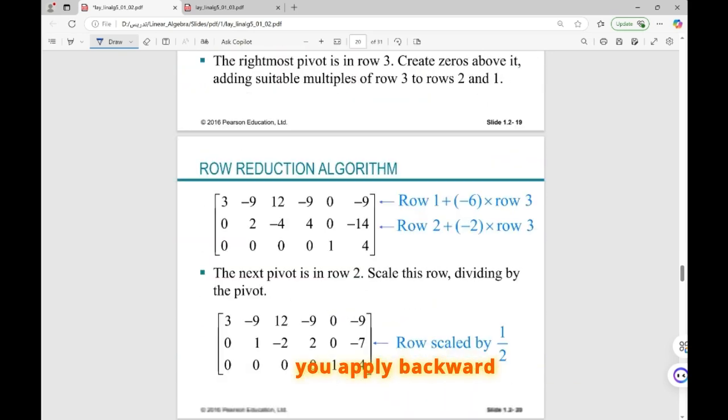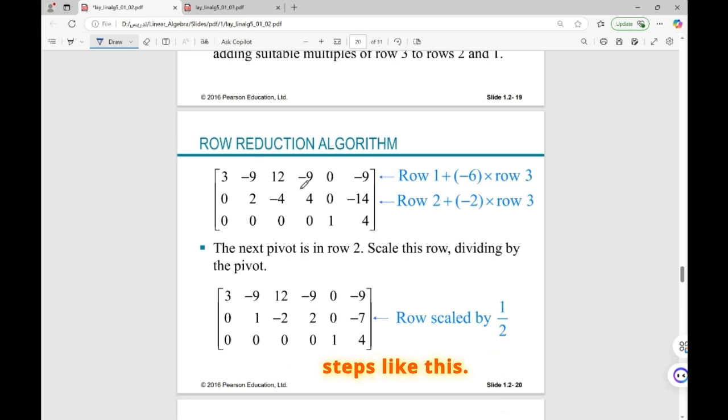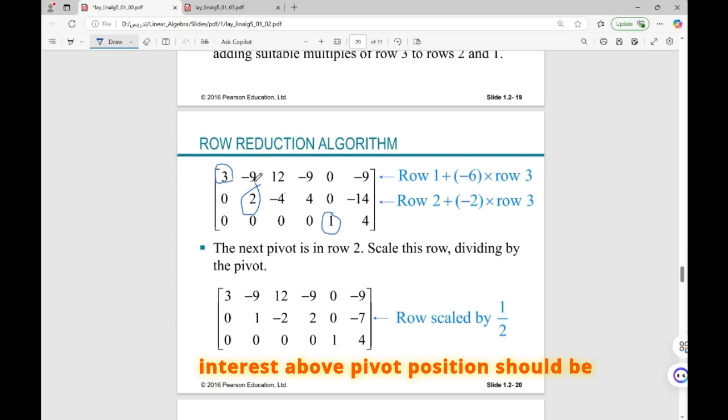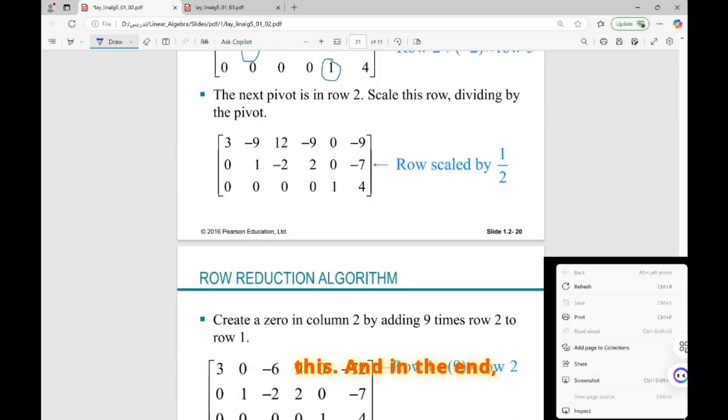So you apply backward steps like this. So this is pivot position, this is pivot position, and this is pivot position. The values in pivot position should be 1, and the entries above pivot position should be 0. We already saw how to do this.